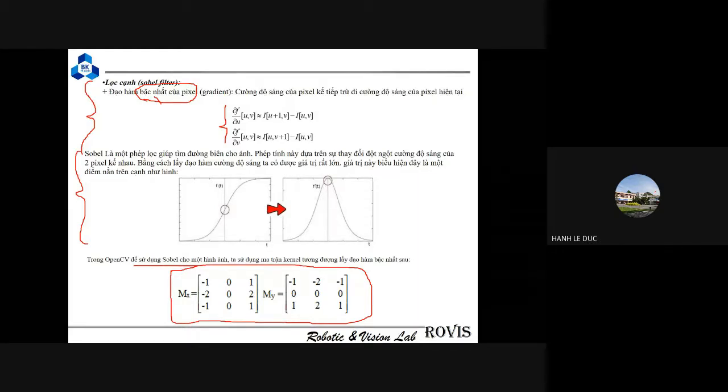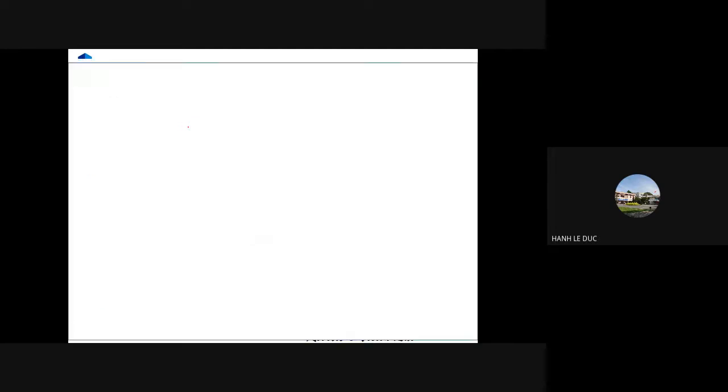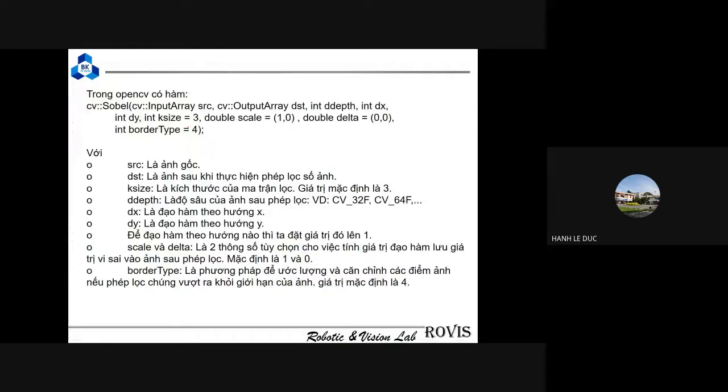In the Sobel filter, we have two masks, the first mask here and the second mask here. We apply these masks on the picture one by one, first this one and then the second one.